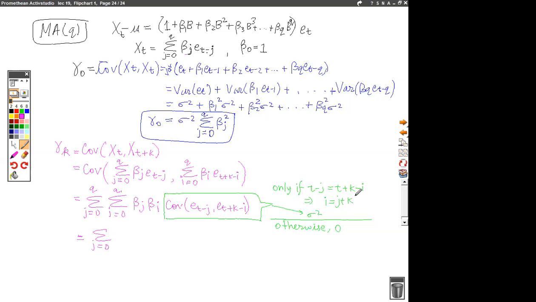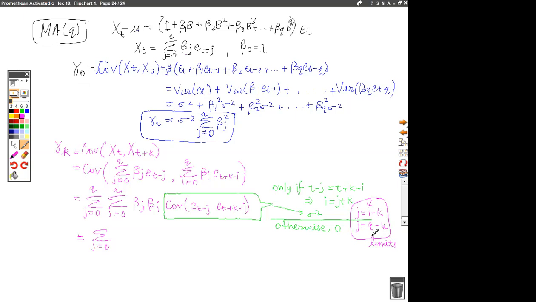So if i goes from 0 to q, what is the maximum value that j can have? j is just i minus k, and the maximum value for i is q. So the maximum value for j will be q minus k. You have to take this change of limits into consideration.